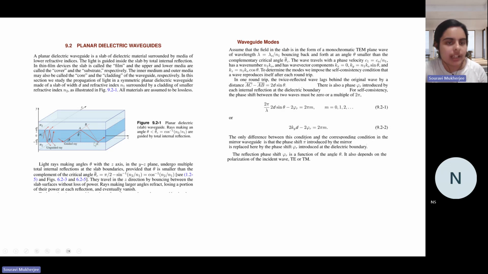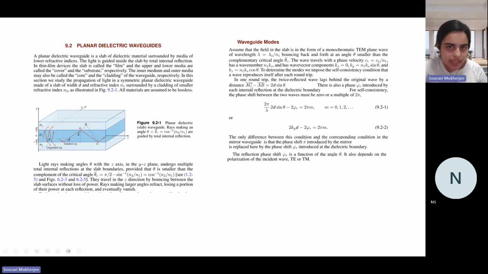Now if you again consider the self consistency condition that we had discussed, then the wave here and the wave here should be the same. And for that to happen, the phase difference between this wave and this wave, that is the reflected and the transmitted wave, should follow certain conditions. And that is what is being given here.